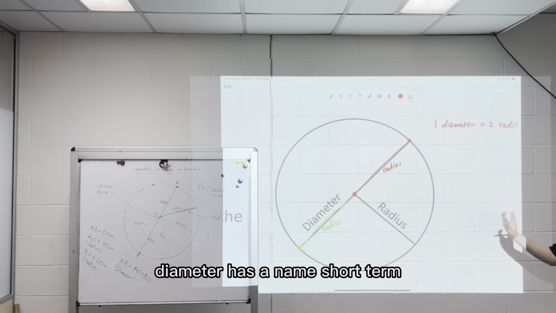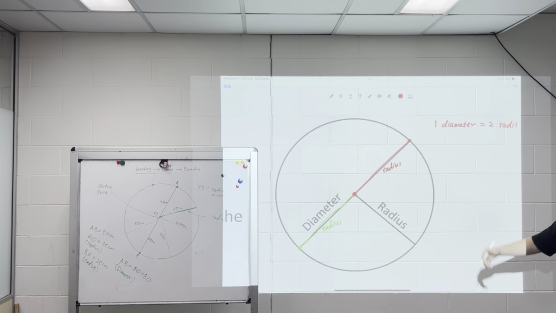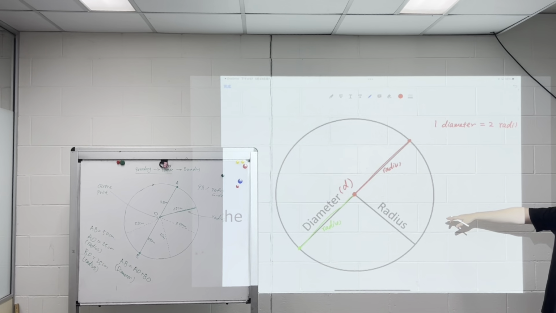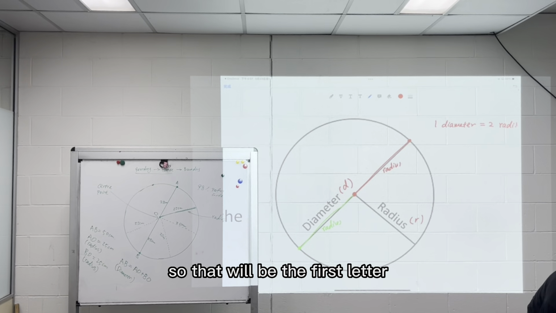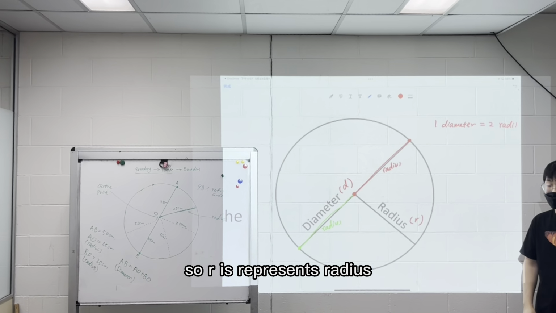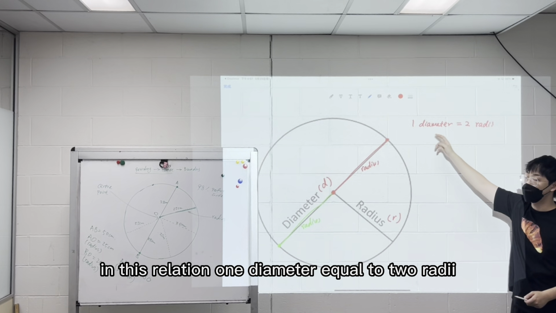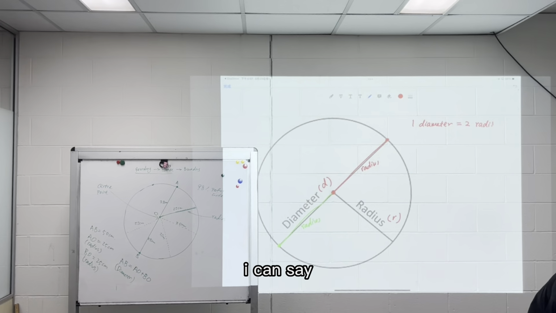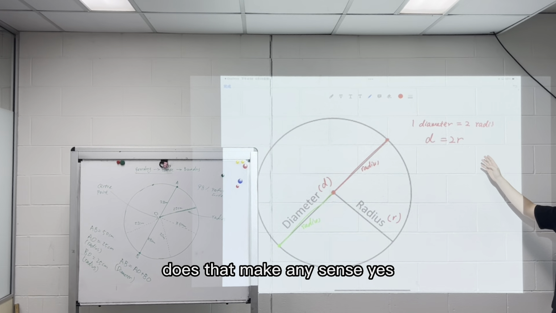For diameter, there is a shorter term, that's the letter D. Then how about the radius? R, right? That's the first letter in this word. So R represents the radius. In this relation, 1 diameter equals 2 radii, I can say 1 diameter equals 2R. Does that make any sense? Yes. Okay.